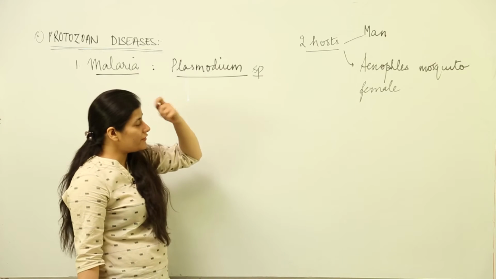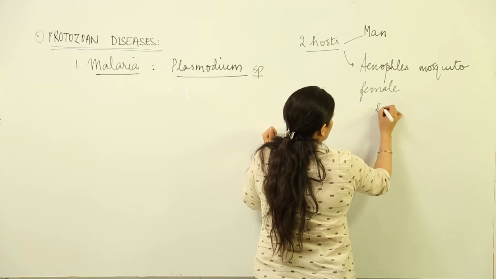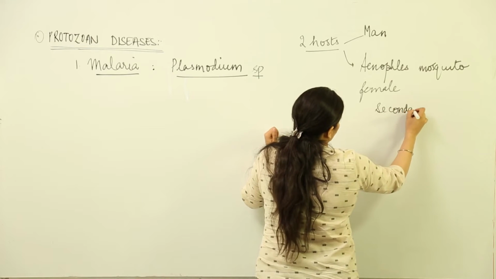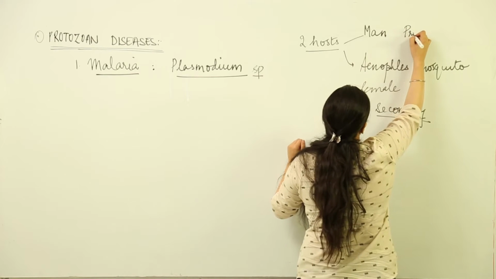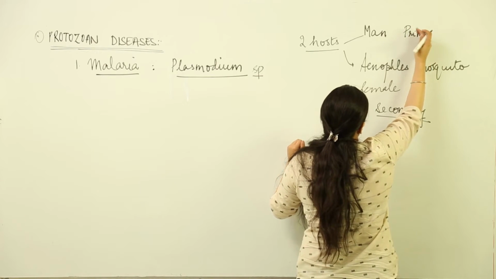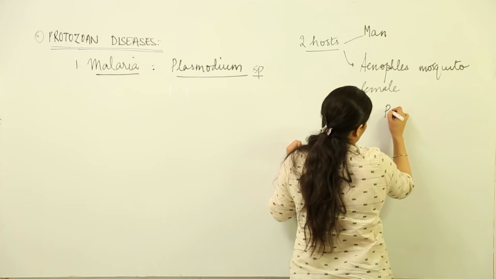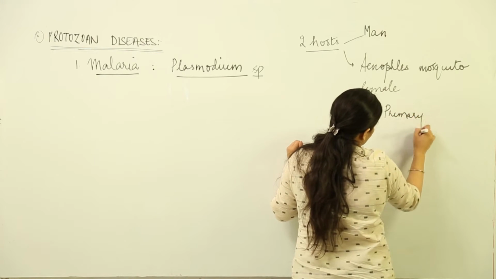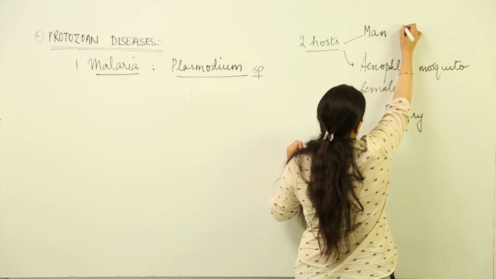Now, this Anopheles is the secondary host for the protozoan, and man is the primary host. Oh, pardon me, it's opposite. Anopheles is the primary host and human is the secondary host.